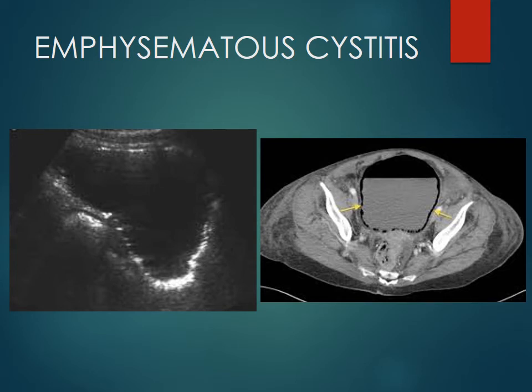The image on the right side would be a cross-sectional CT scan of the pelvic region, and as you can see, lucencies are surrounding the urinary bladder wall. All of these are findings for emphysematous cystitis.